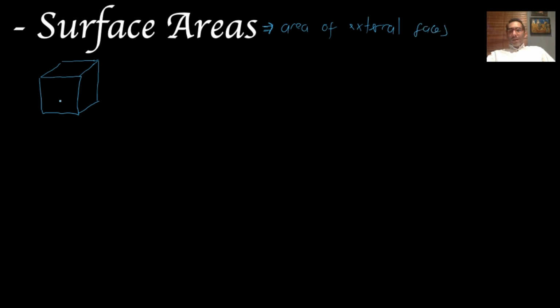So in a cube, this side might be x, but this side might be x as well, and the height will be x as well, right? So if we talk about the surface area, let's call it SA, surface area.